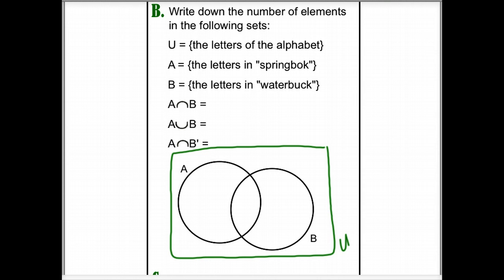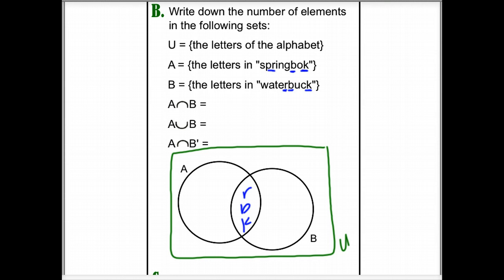Checking this, I see that in common with the two of them, we have a K, we have a B, and we have an R. So that tells me that R, B, and K go in the middle.